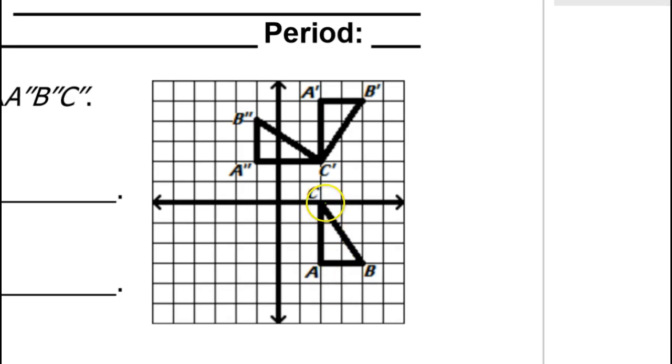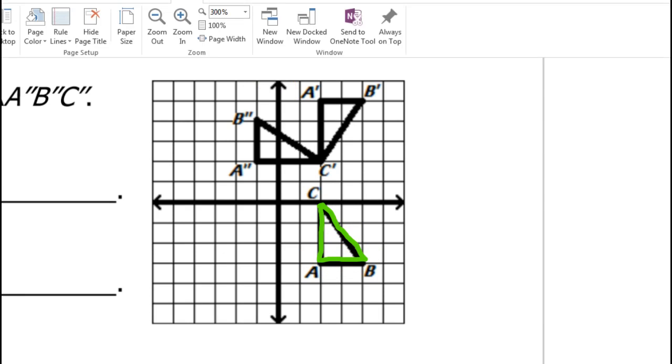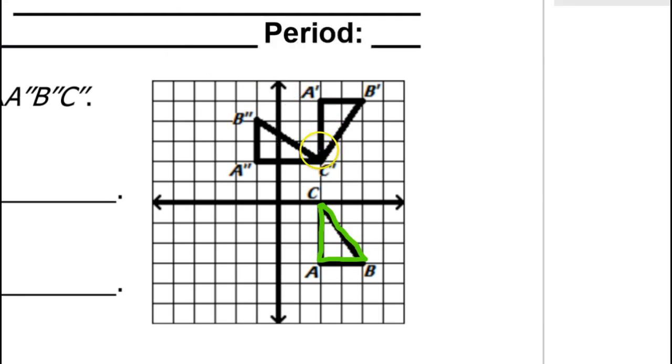All right, first let's compare the original triangle ABC with triangle A prime, B prime, C prime. Hopefully you can see that these are reflections of each other.